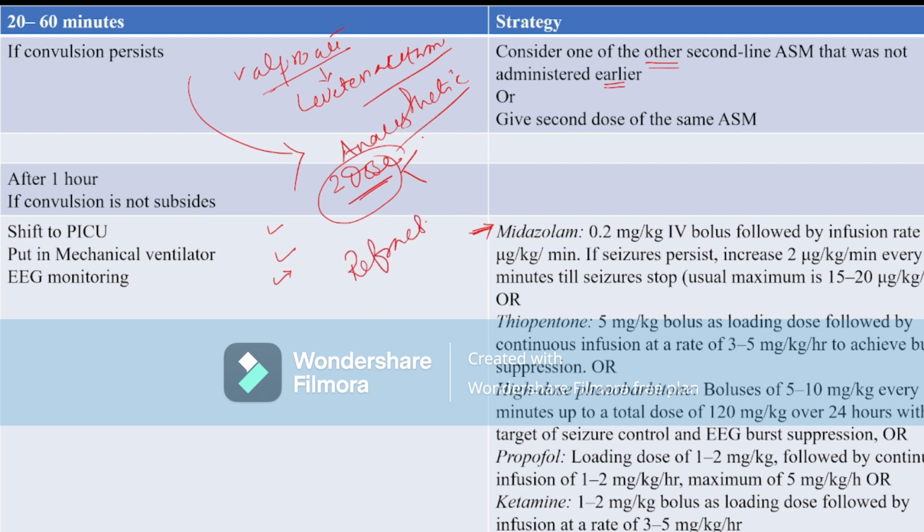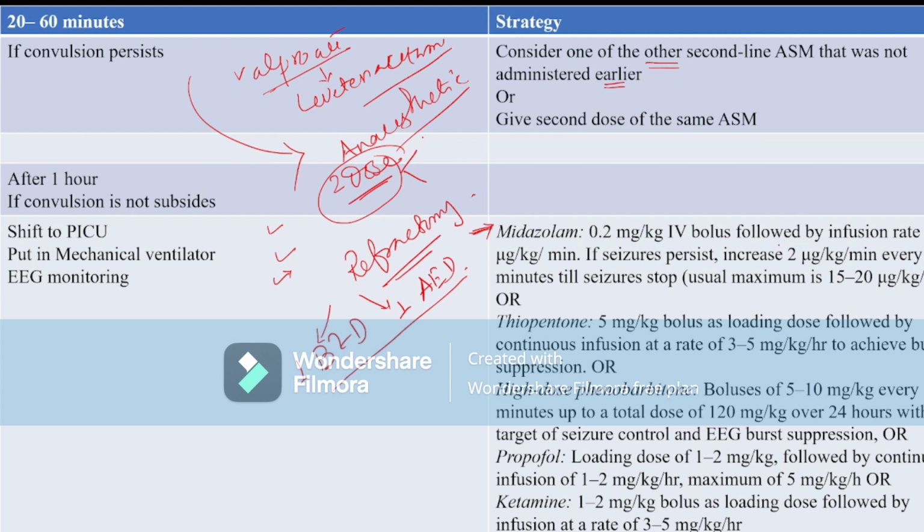So what is the definition of refractory seizure? Refractory seizure means we give 1 benzodiazepine and 1 second line anti-epileptic drug. If the convulsion has not subsided after that, we call the patient as having refractory seizure and we start giving midazolam infusion.